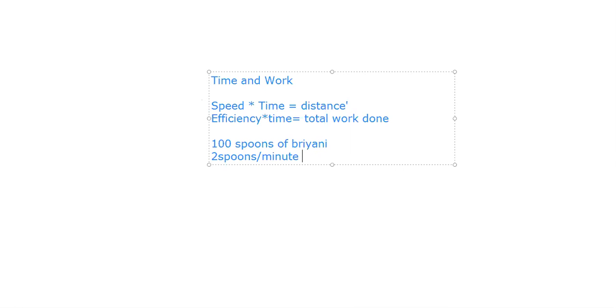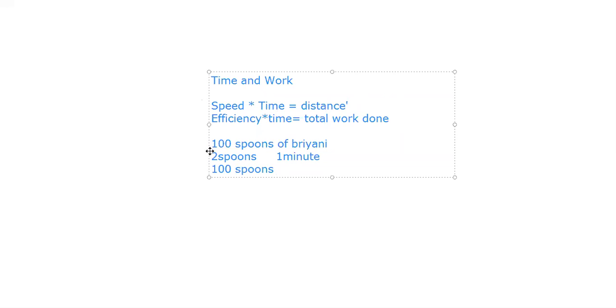So obviously, what we do: if 2 spoons take 1 minute, then 100 spoons take how many minutes? Okay. Now, what is constant here? Efficiency is constant.